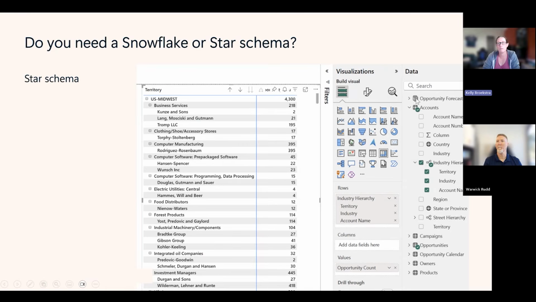It's in the right order. My users don't need to search for anything. They just need to find the industry hierarchy. So it makes it a lot easier from a consumption point of view. It does require more ETL, more data engineering, to actually bring the data in that format. Does that answer your question, Warwick?